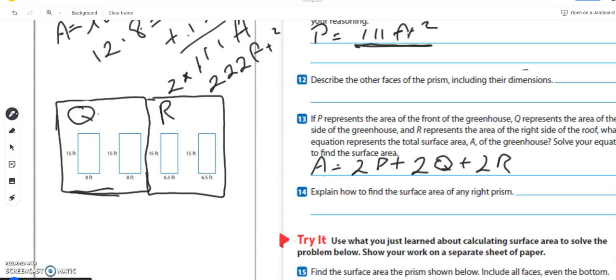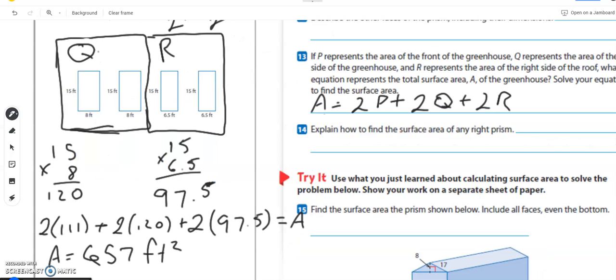Solve the equation to find the surface area. Okay, so I went ahead and worked this out. For the 15 by 8, 15 times 8 is 120. For the R, 15 by 6.5 is 97.5.